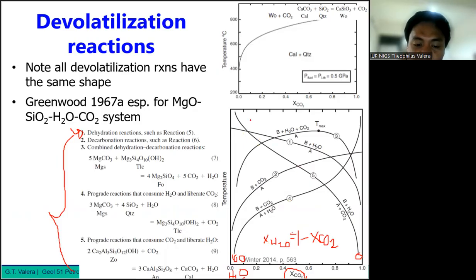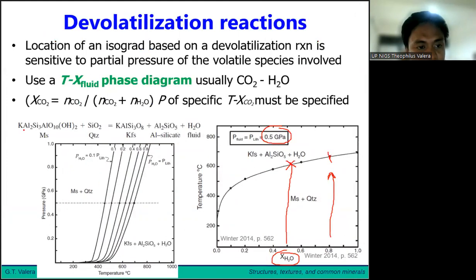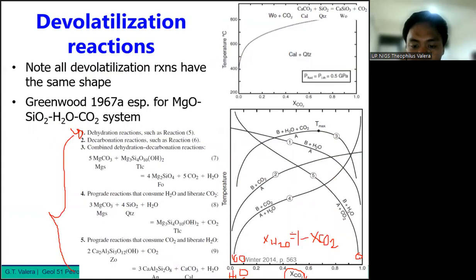Sa reaction number 5, just like before, yung breakdown ng muscovite like this, which contains water, happens earliest kapag wala kang water sa pore spaces. Pag wala kang water sa pore space, meaning puro carbon dioxide, for example, yung nasa pore space, then it happens early. But if you have pure water at the pore spaces, then the reaction can happen later.